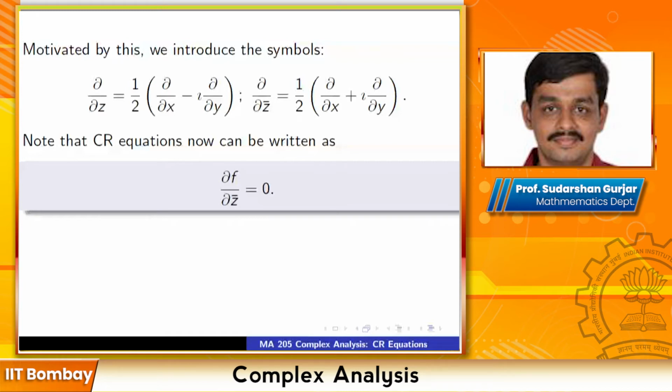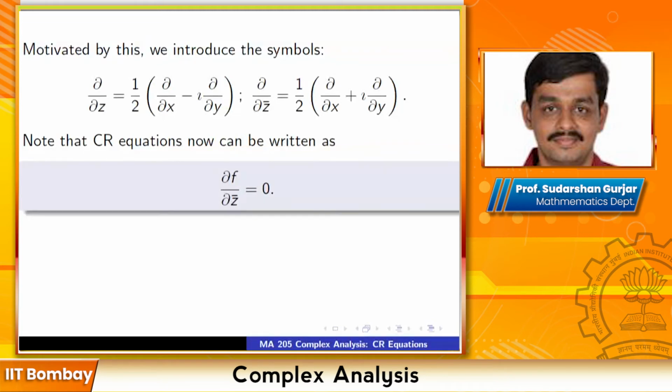This is a simple computation. Just expand f as u plus iv, then take del by del z bar of u plus iv. That means this half (del by del x plus i del by del y) applied to u plus iv. So you get half into the bracket (ux plus i uy plus vx plus i vy).